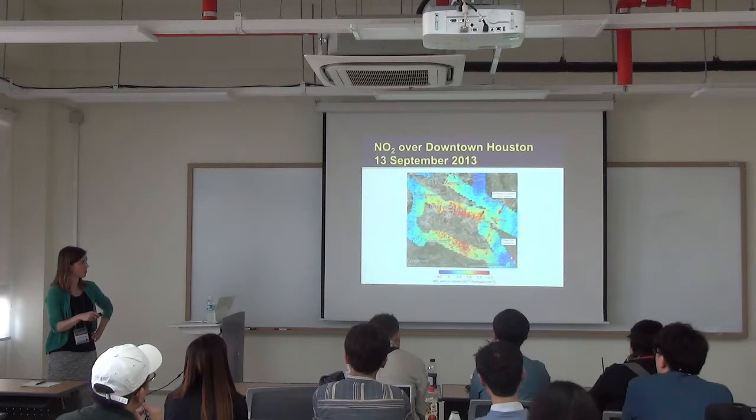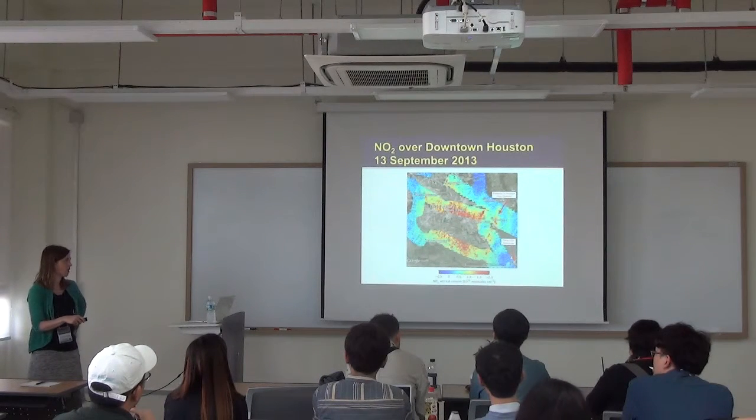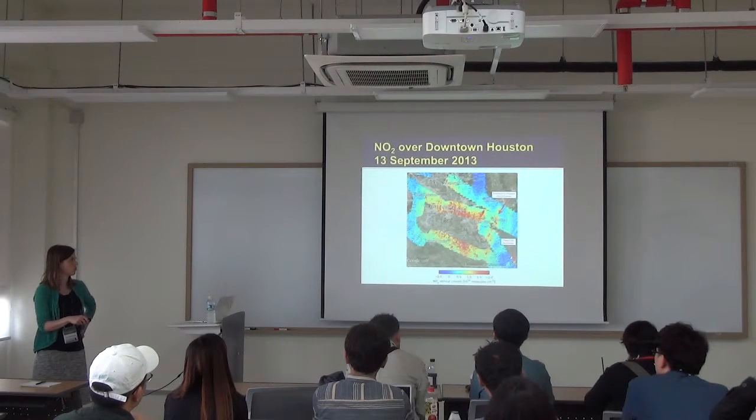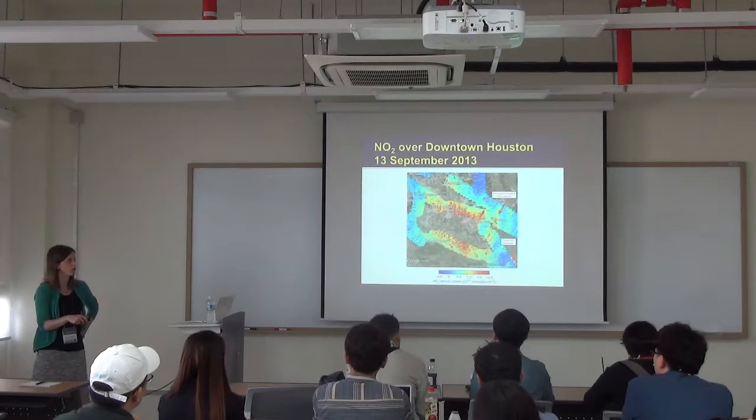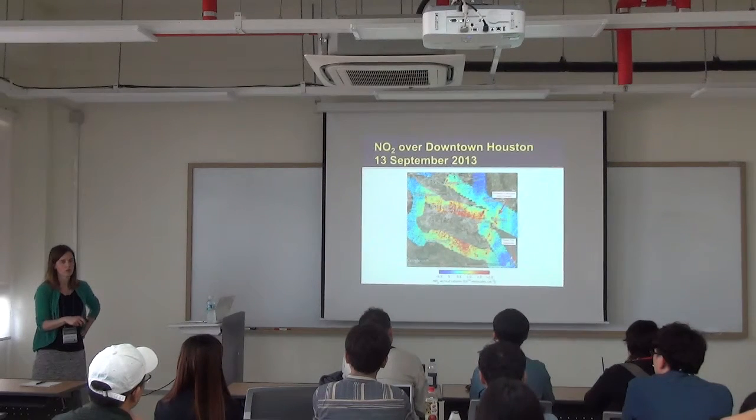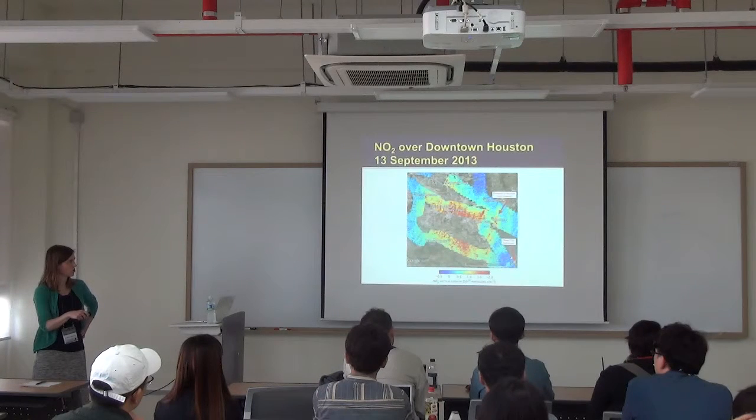These were several sites that had ground-based measurements. And you can obviously see a lot of interesting features in this data. So the red is where there's a lot of NO2 in the column. And there's lots of oil refineries and petrochemical facilities and that kind of thing over here. And then this is just an area with a lot of traffic downtown.